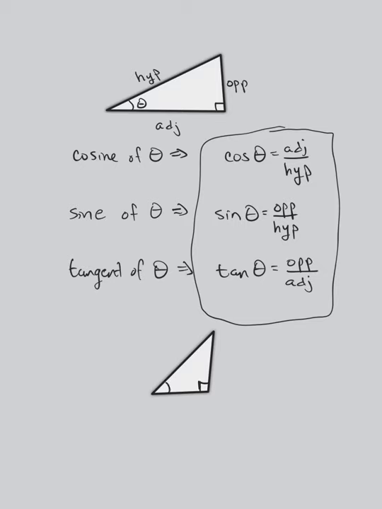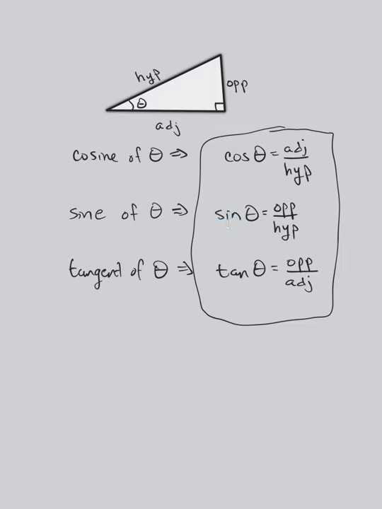Here I could call this angle theta, and the angle's different, so the triangle's going to look different, but we would still say that the cosine of that angle is the ratio of its adjacent to its hypotenuse. Now, you may be saying, why did I look at adjacent over hypotenuse instead of hypotenuse over adjacent? We could have done things that way. This is just the standard way to do things, and it leads to some nice properties about the cosine and the sine especially.